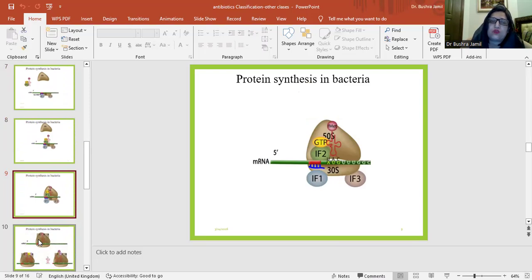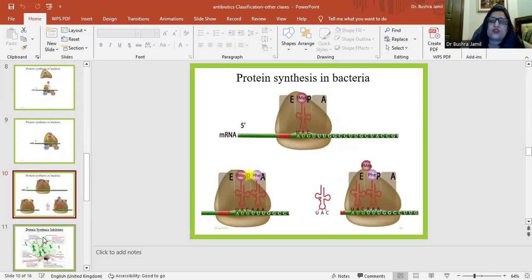Now the ribosome actually has three sites. It's not demarcated, but according to their designated function, you can divide it into three different sites: A site, P site, and E site.